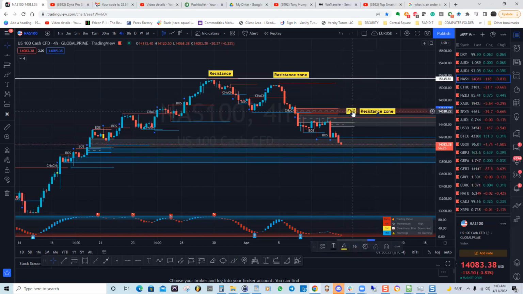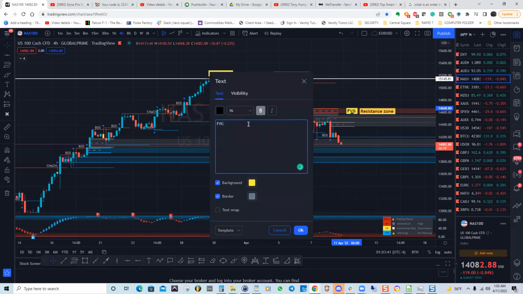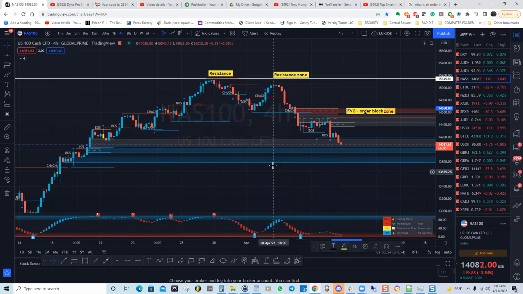I can put that in there. It's like an order block. Think of an order block as where institutions put in multiple orders.